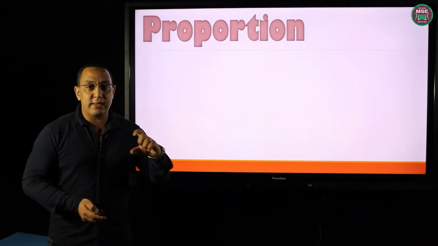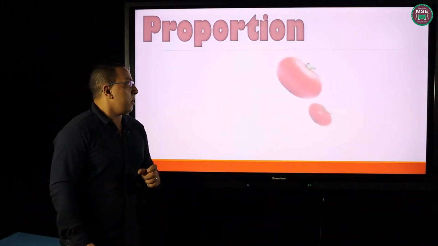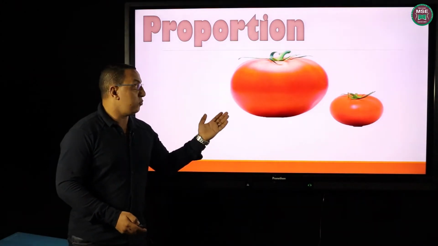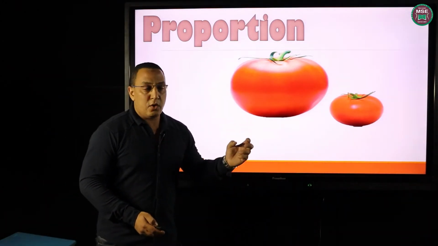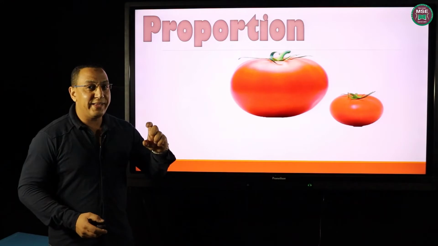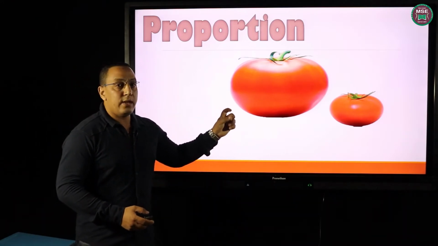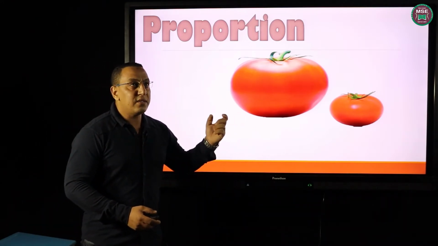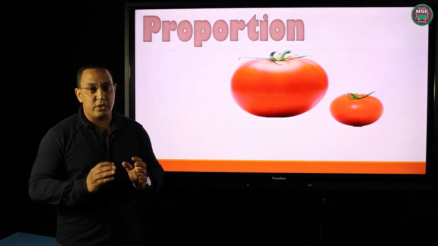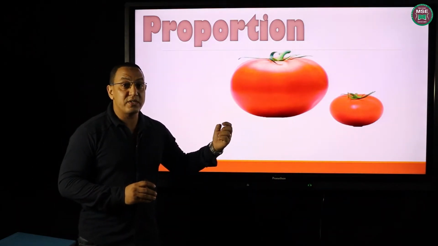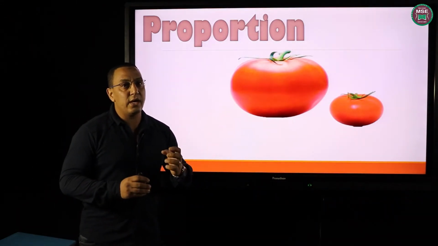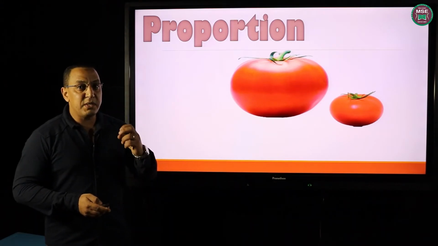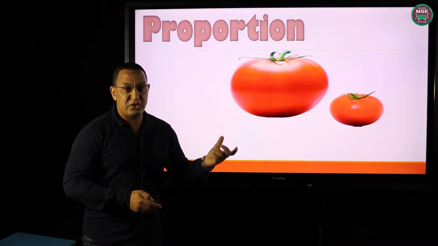Now we are going to study the meaning of the proportion. What is the meaning of the proportion? By looking at these two pictures, we see two identical tomatoes like this, but they are not equal in measure. They look similar to each other, but they are not equal. That's because they are proportional to each other.